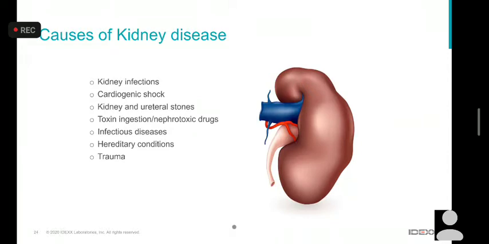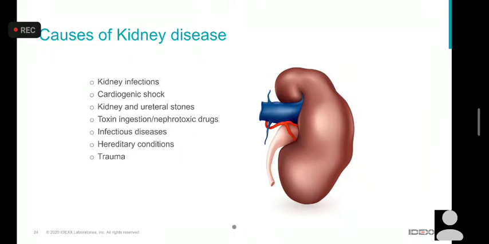It could be stones, or anything that's blocking the kidneys or ureters. It could be toxins, it can be infectious diseases, not necessarily related to the kidneys, but affecting the kidneys with secondary immune complexes. There are certain hereditary conditions, there is trauma, and then there are these weird degenerative immune complex diseases where we don't necessarily really know why it's happening.